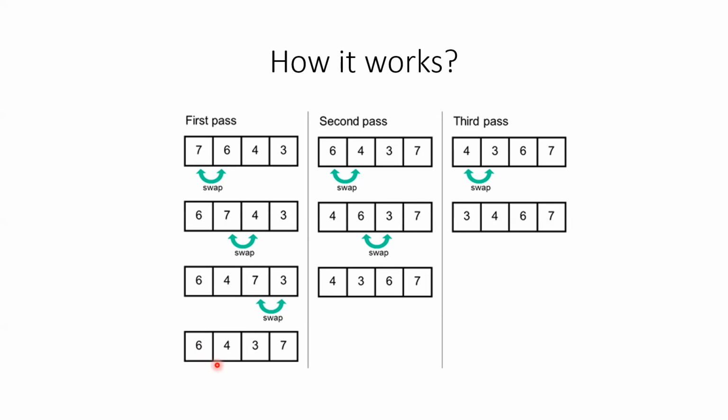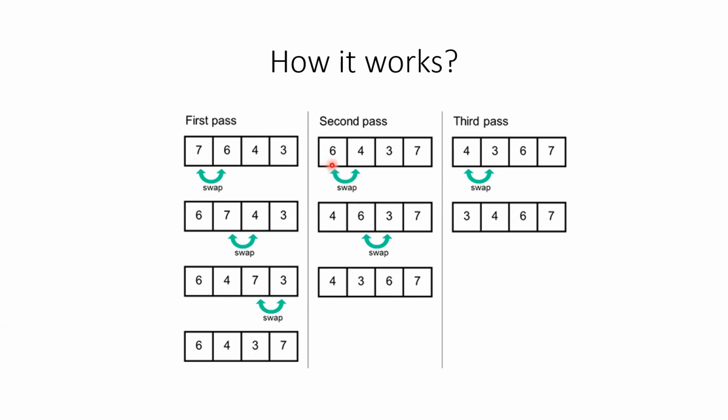It should be last whenever we have a sorted order. Sorted order here means ascending order, not descending. So 7 should be the last element for ascending order, and 7 has got its correct position.